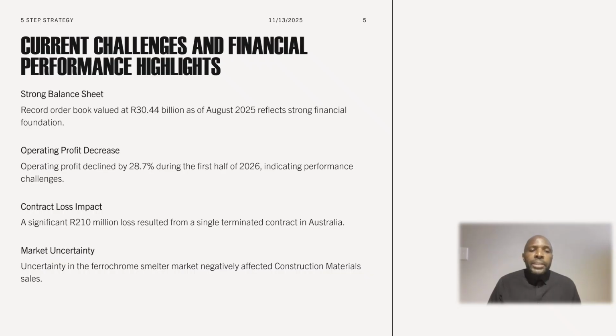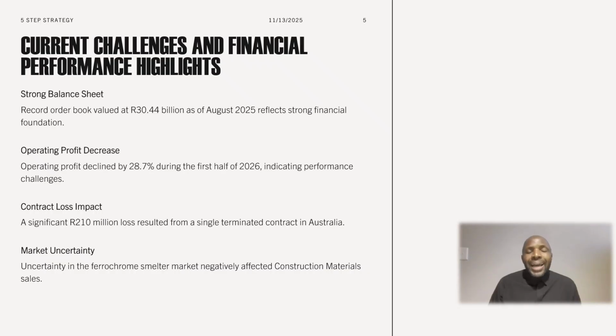Operating profit decreased by 28% during the first half of 2026. This is in the same period, indicating performance challenges, of course. Then contract loss impact: a significant 210 million rand loss resulted from a single terminated contract in Australia. So there are some problems and challenges in Australia. And then market uncertainty.